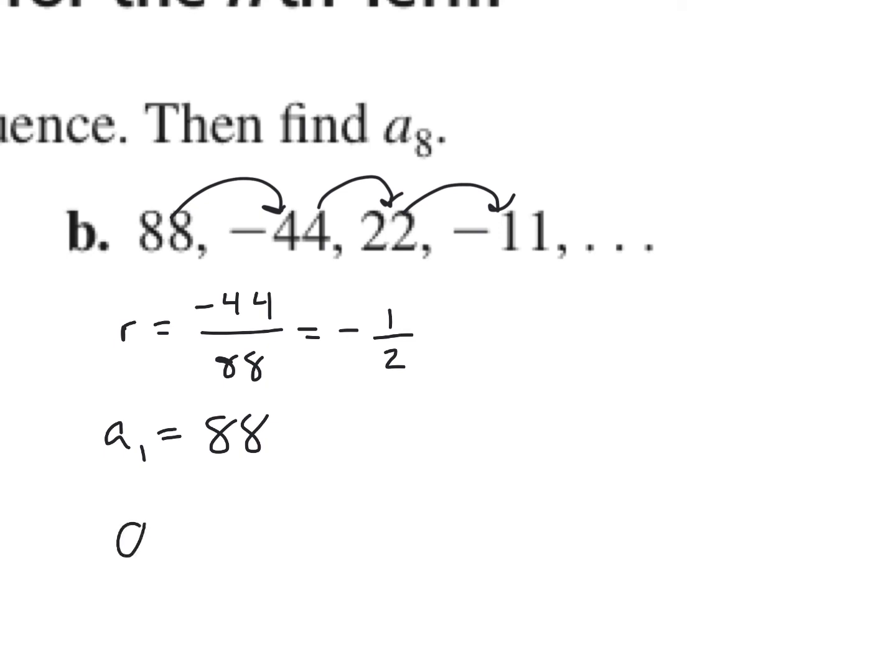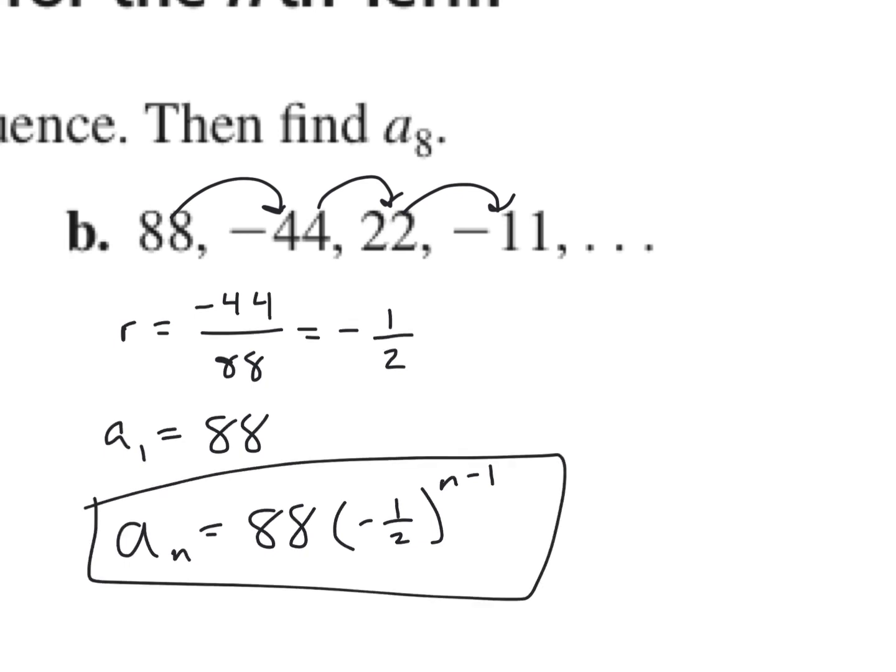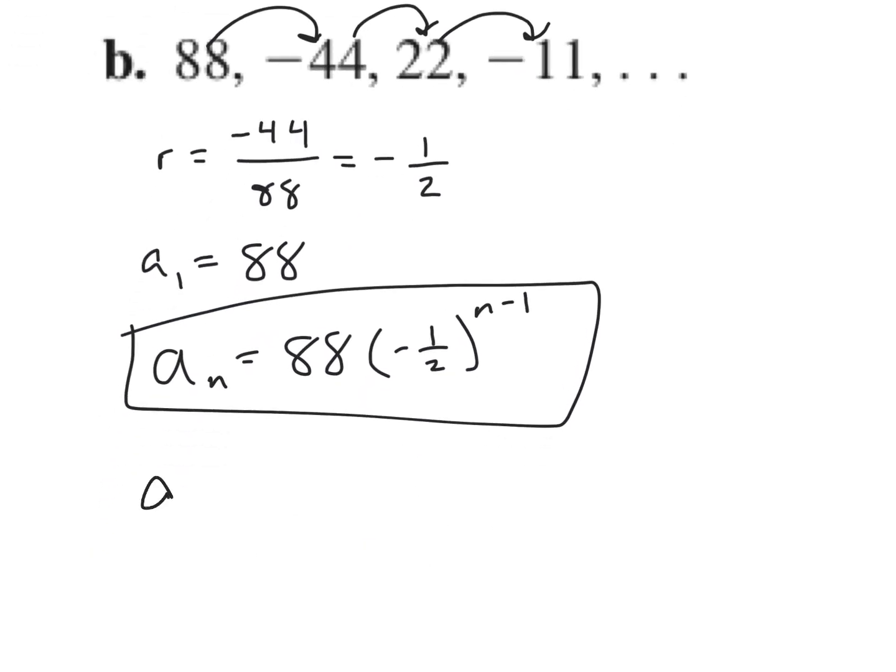So we have a sub n is equal to a sub 1 times r to the power of n minus 1. This is our general rule. Now we need to find our 8th term. So a sub 8 is equal to 88 times negative 1 over 2 to the power of 8 minus 1.